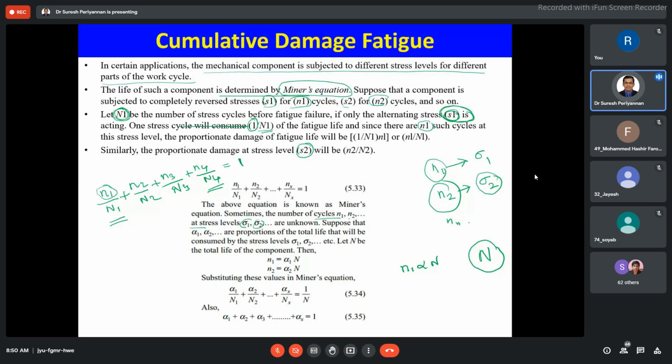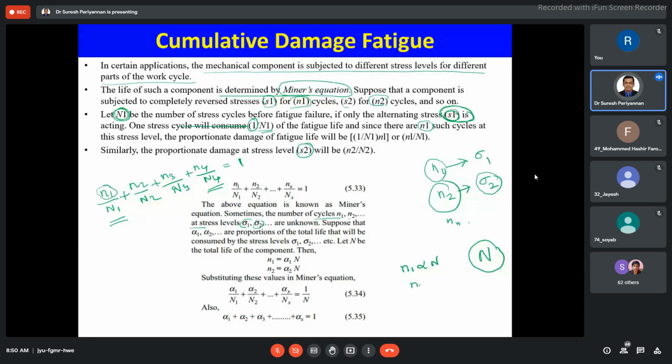Whatever we discussed earlier, we knew the stress level but not the number of cycles, so we used the infinite and finite life concept to find the stress level or the number of cycles. Similarly here, if I don't know the stress levels, then n1 is proportional to N.